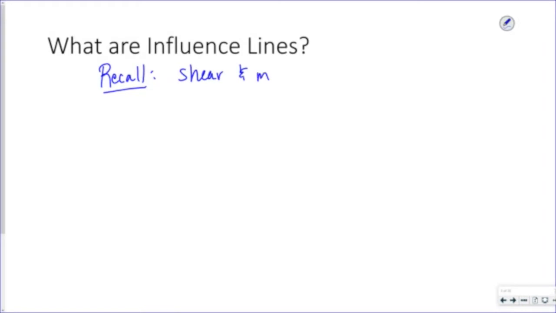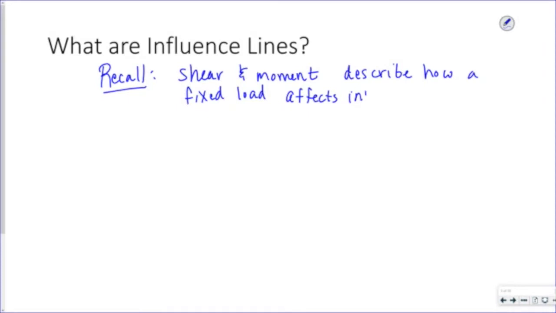Shear and moment diagrams describe how a fixed load affects internal stresses along the length of a member or a beam, right?